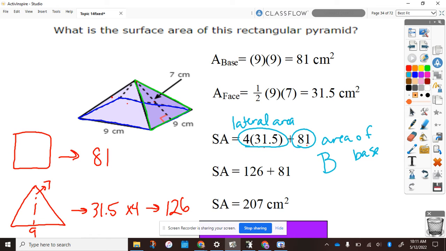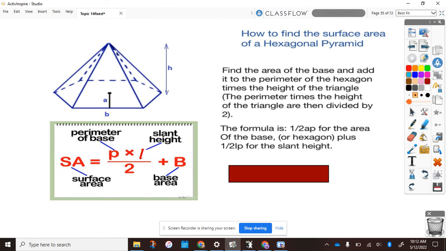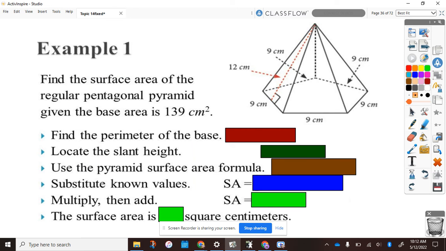So you can do it like this, where you make a list of all of the different faces, but the easier way that we're going to do up next is we are going to look at this problem, and we're just going to add together our capital B: total surface area equals area of the base, capital B, plus the lateral surface area.